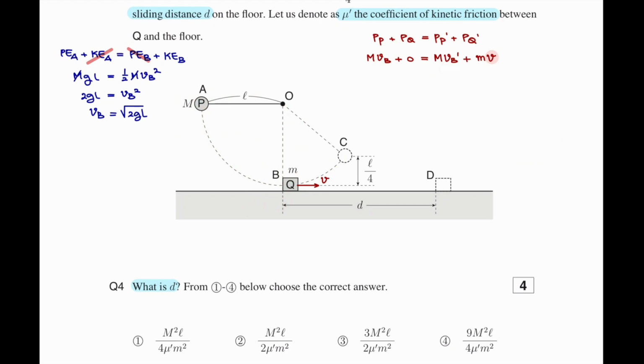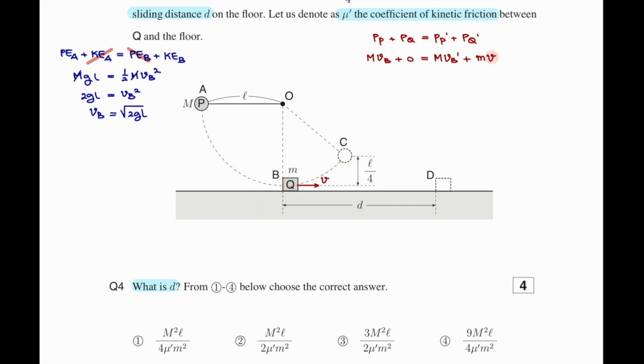Remember that Vb prime represents the velocity of object P right after it collides with Q at point B. After it collides with object Q, object P moves with an initial speed Vb prime, and then it will rise until it reaches height L over 4.